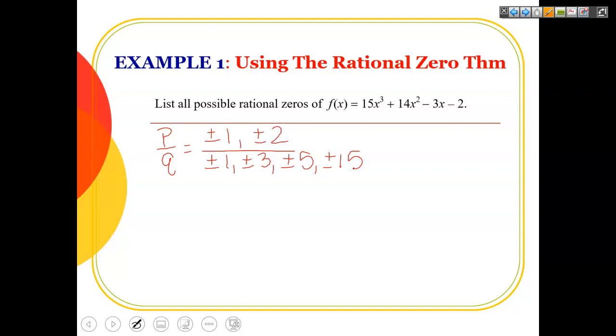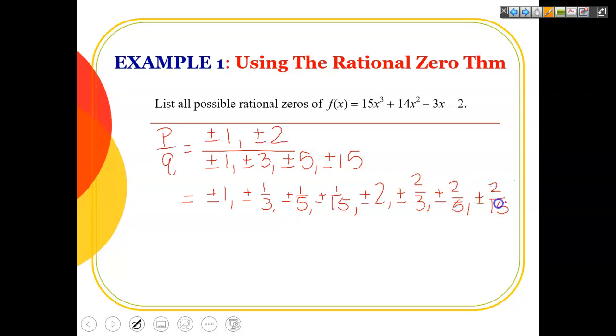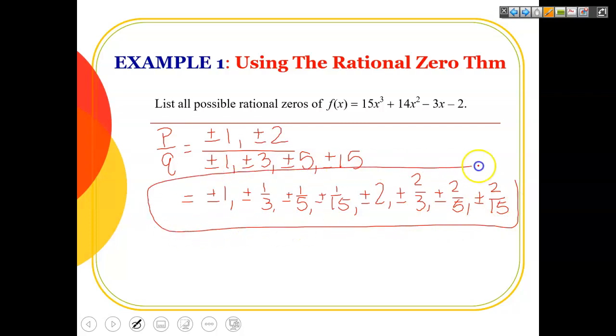and dividing them. So it's plus or minus 1, 1/3, 1/5, 1/15, 2, 2/3, 2/5, and 2/15. Have to write them out as separate fractions if I ask you to list them.